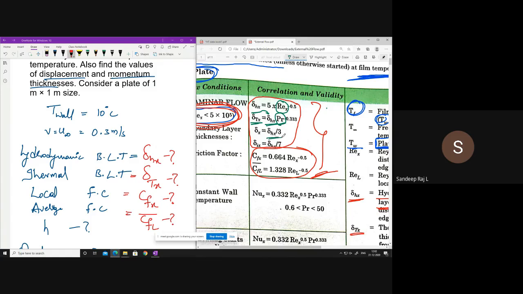If you know the hydrodynamic boundary layer, you can find the displacement thickness and momentum thickness also. So the first thing to do is to find the Reynolds number value. Once you find it, you can find the hydrodynamic boundary layer, and not only that, the local friction coefficient and the average friction coefficient with the Reynolds number.